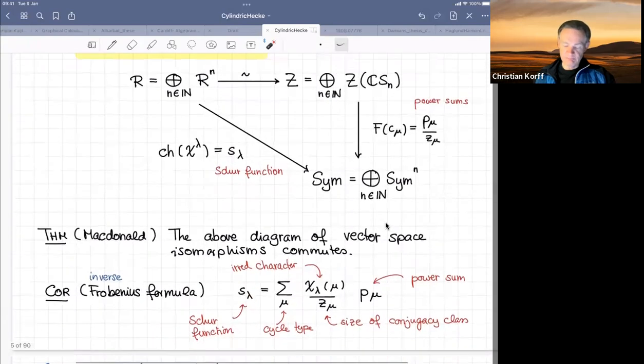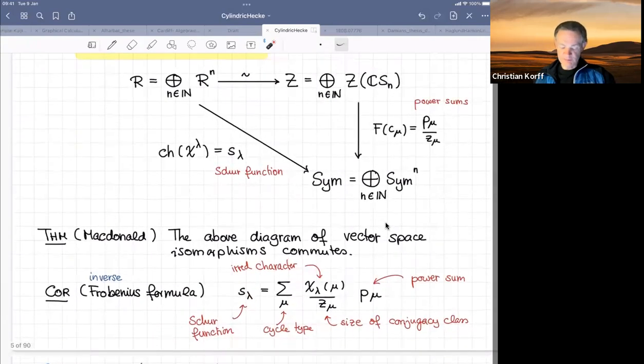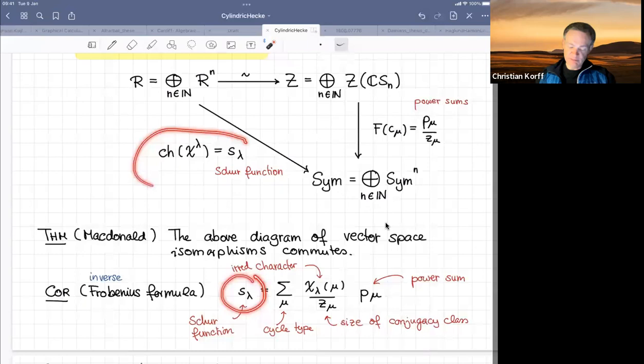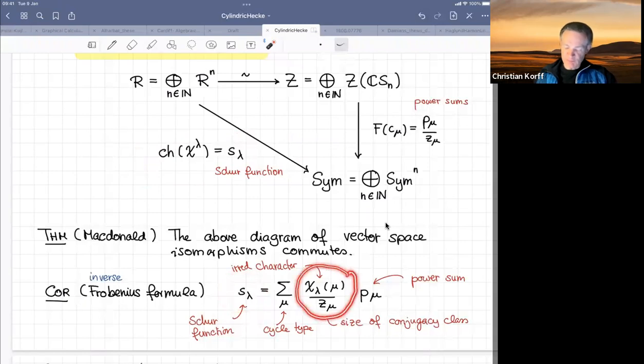In particular, if this triangle commutes, this means, for instance, that the Schur function, which is your image under the characteristic map of an irreducible character, must be expressible in terms of the irreducible characters of your symmetric group. And I just noticed a small typo, so this should be an upper index, for consistency.